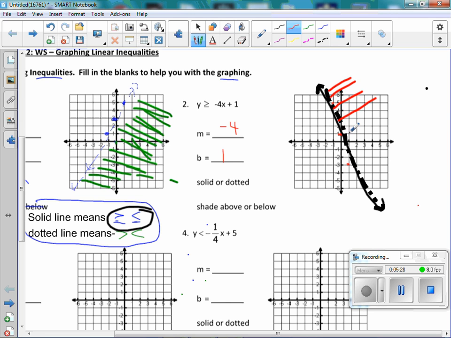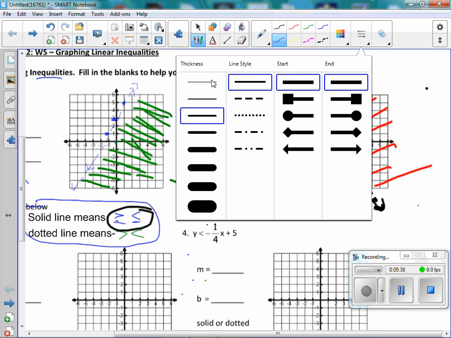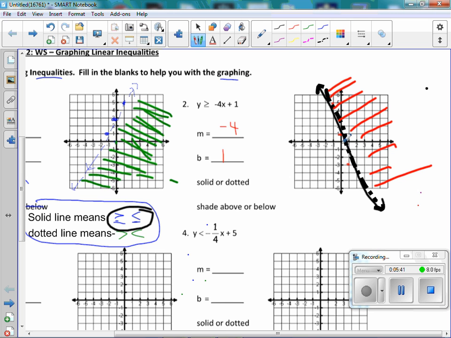Now, if you get confused and you say, I'm not sure, then test the point. The best point to test to me would be 0, 0. So if this comes out to be false, okay, if this is not true, then we did it correctly because we're graphing all the true points.